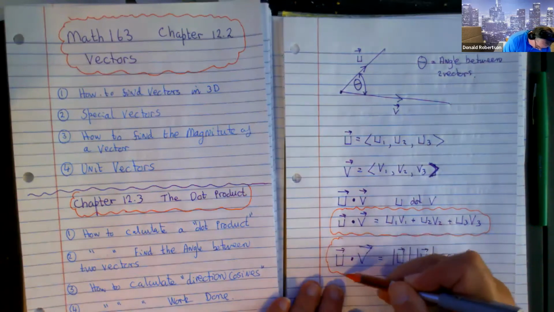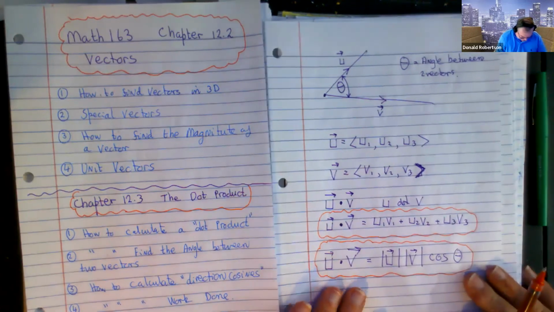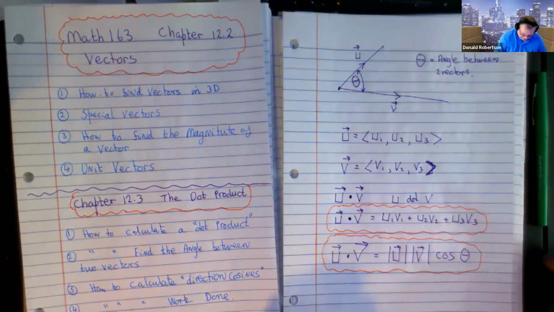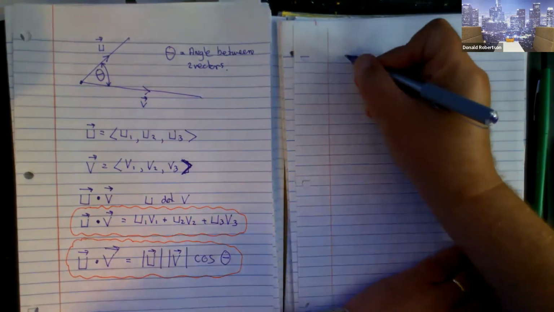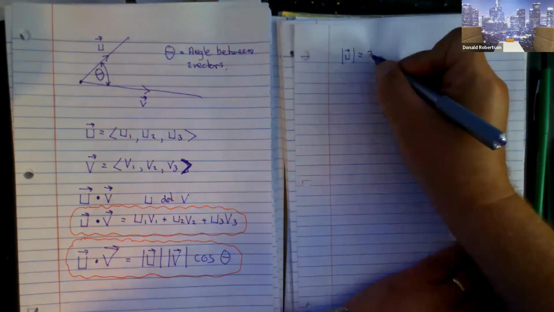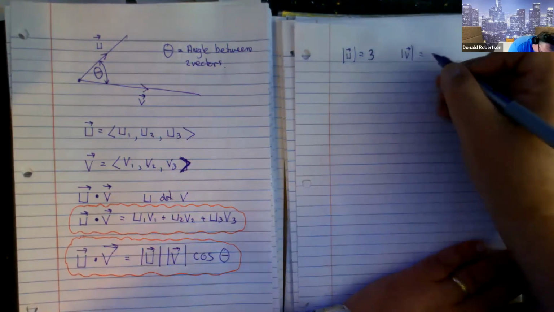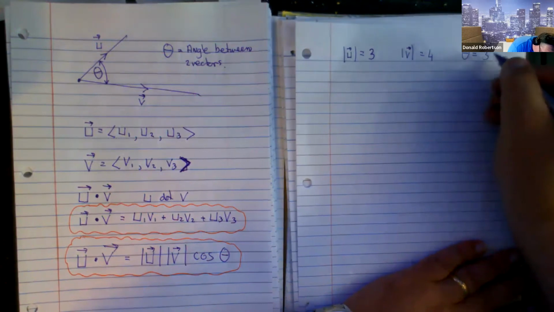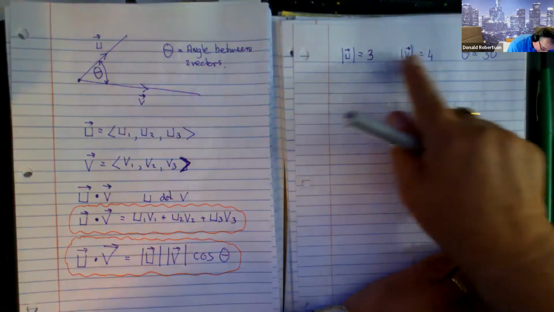So if you are given a question where they tell you these numbers, then you can also get the value of the dot product. So imagine all I'm telling you is that the magnitude of u is 3, the magnitude of v is 4, and the angle between the two vectors is 30 degrees. You can calculate the dot product from this information.